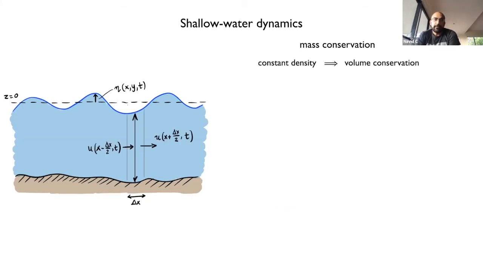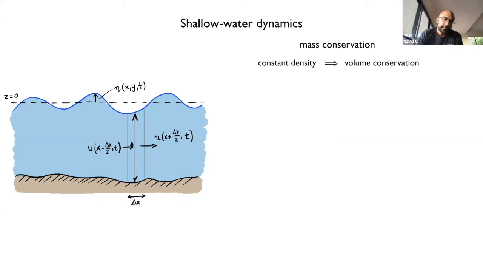Now, what about the mass conservation? If we consider a thin rectangular fluid, this gray box here, in a fluid of constant density, mass conservation is the same as volume conservation.